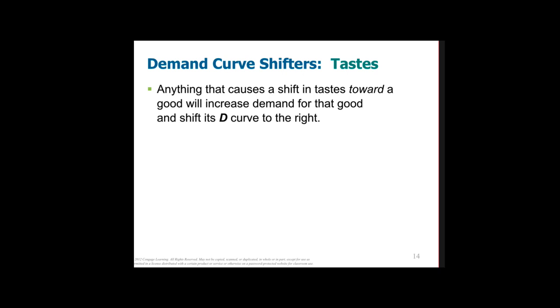This one is why bikinis are on clearance sale right now, and if you begin to look, they're stocking coats in the stores. Consumers prefer not to wear bikinis in Nebraska in January. They prefer to be warm and bundled up. Okay? Consumer tastes and preferences.